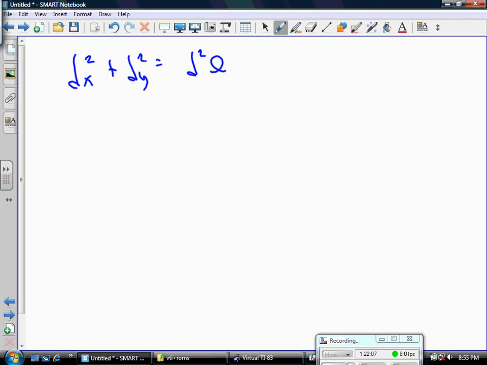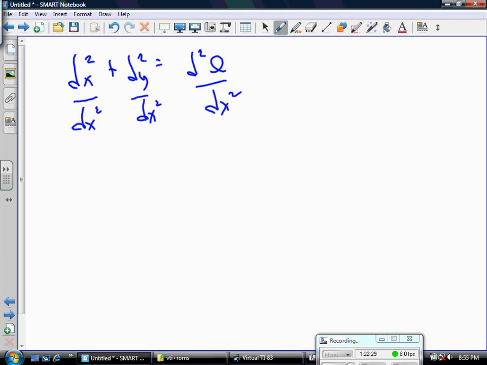Okay. Now, let's do a little gymnastics. Are you ready? There's a lot of ways you could do this, but what if I divided everything by dx squared? Now remember, dx is not 0, it's damn close to 0.